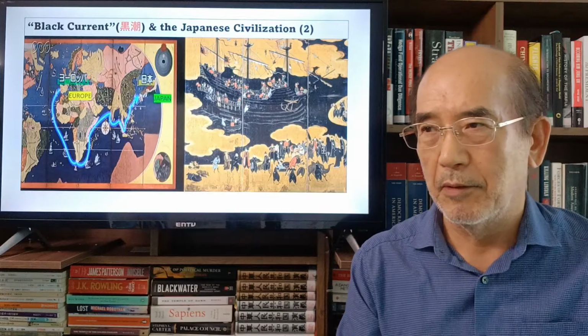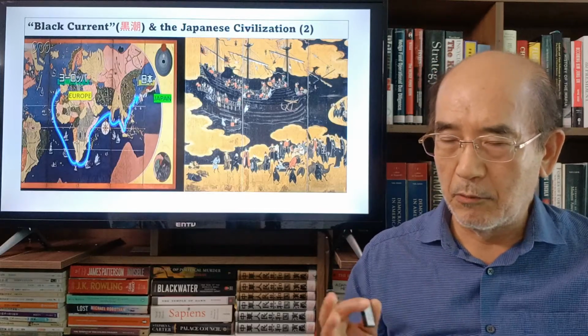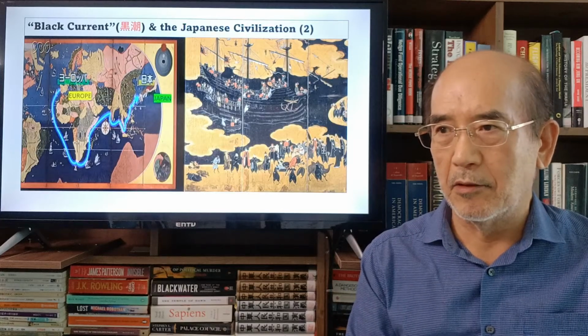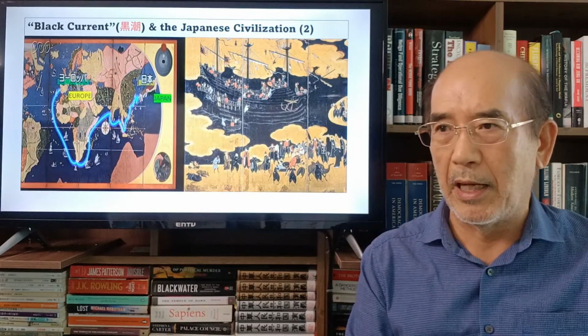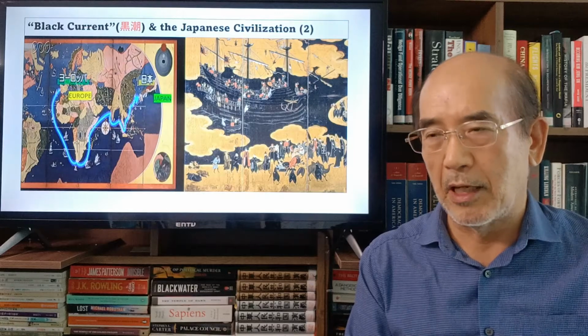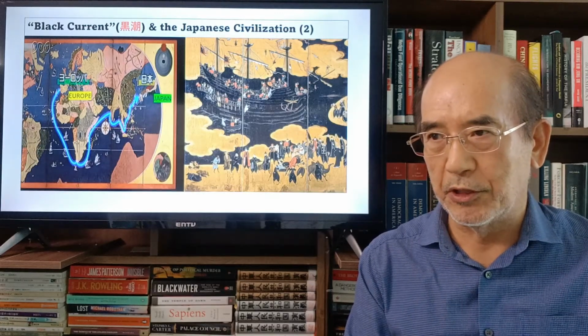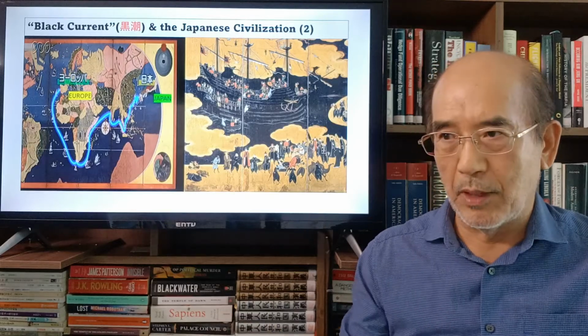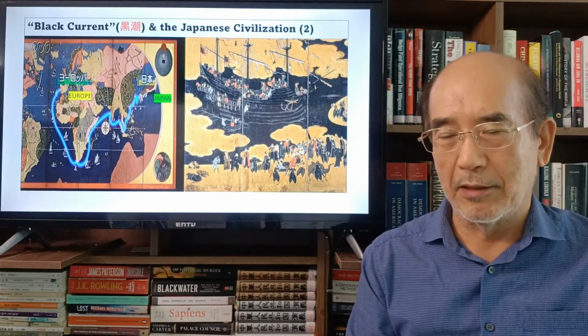Anyway, the Japanese door opening and the start of civilization was by the accidental arrival of the Western ship, first Portuguese, then Spanish, and they all actually rode the black current.